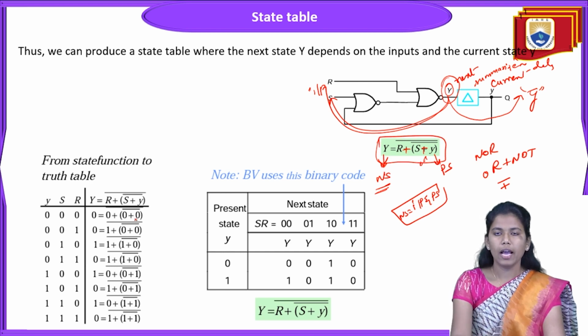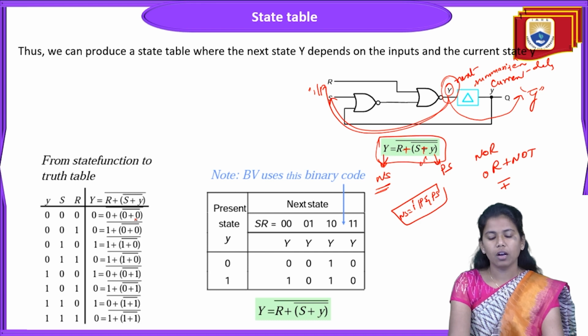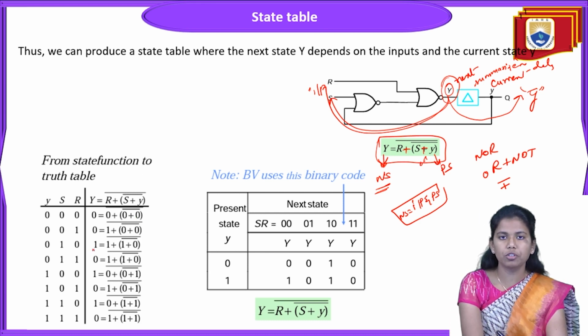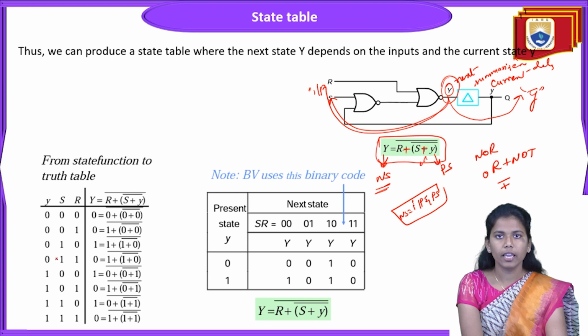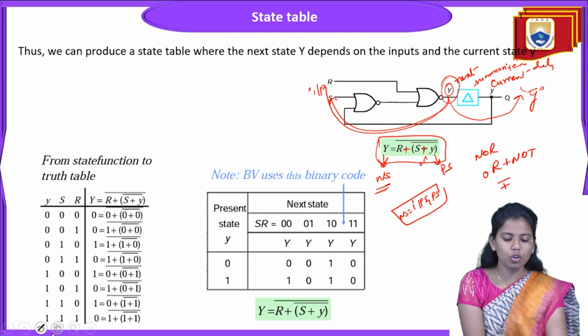Now, after getting the Boolean expression, we have to go with the truth table. The state function of the truth table goes like this: Y, S, R. Y is the present state, S and R are the inputs. How many combinations are we considering? 0 to 7.